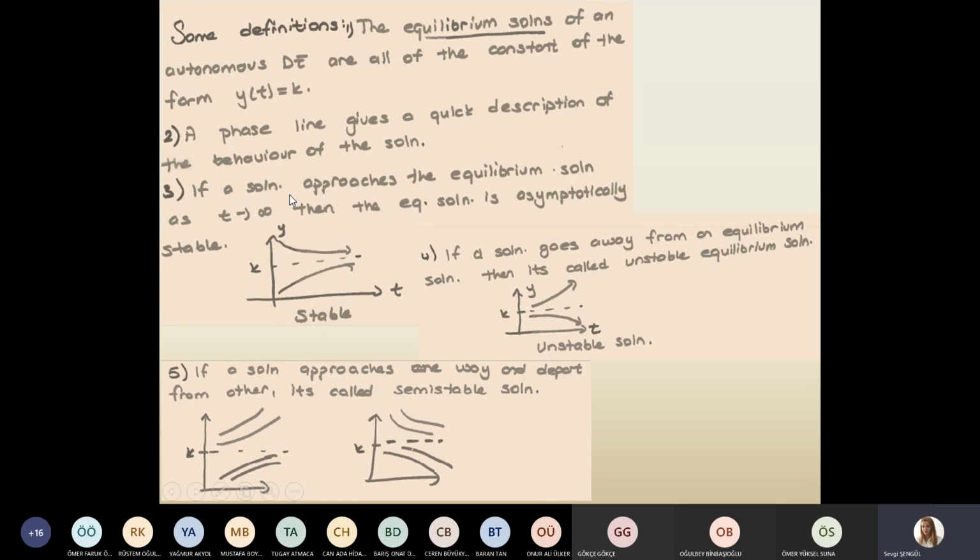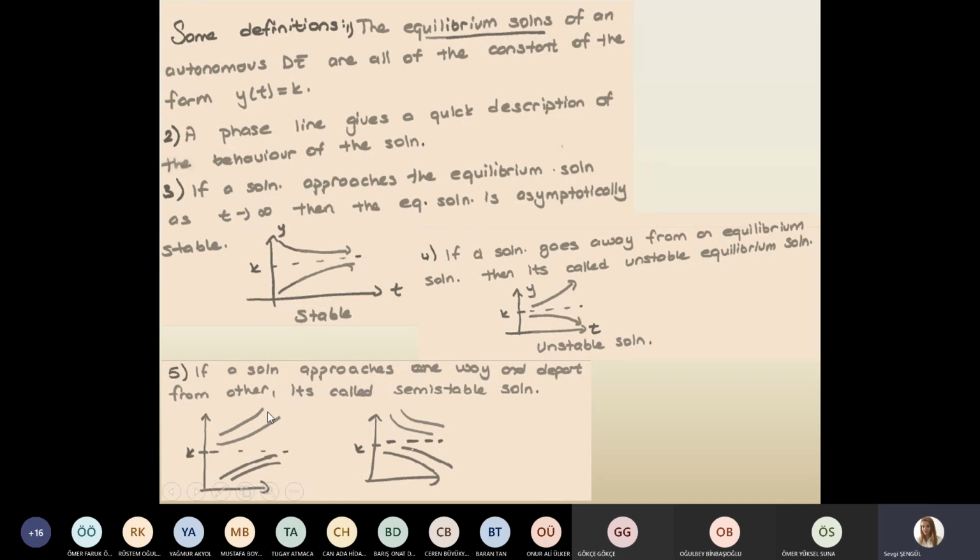For example, if a solution approaches the equilibrium solution as t goes to infinity, then this equilibrium solution is asymptotically stable. So this is what we call a stable equilibrium. And if the solutions are diverging from the equilibrium, we have an unstable solution.